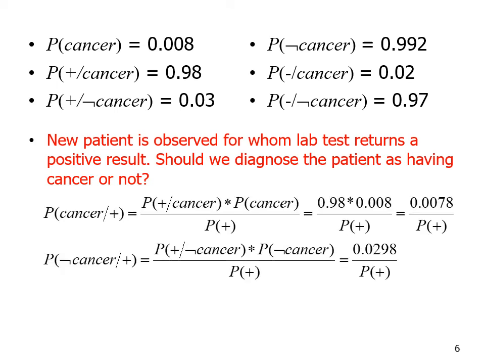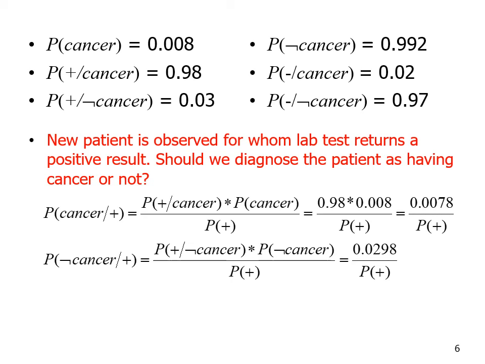So probability that the patient has cancer given the data, that is the test is positive, is equal to probability of positive given cancer multiplied by probability of cancer divided by probability of positive, that is equal to 0.98 into 0.008 divided by probability of positive, that is equal to 0.0078 divided by probability of positive.